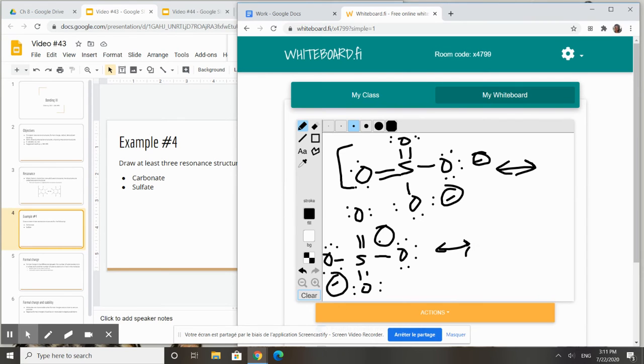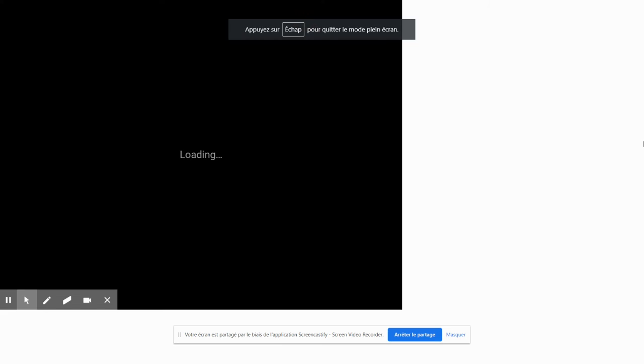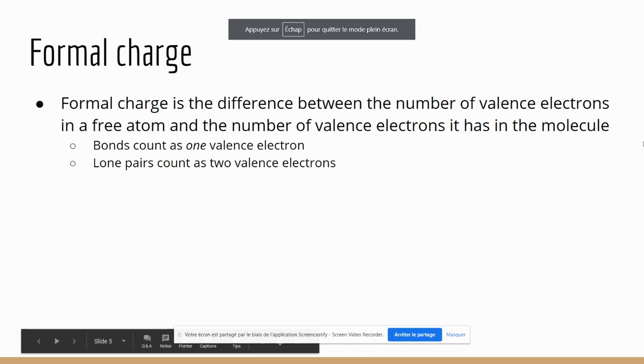There's not a particular order that you need to do these in either. And the more resonance structures you have, generally speaking, the more stable something is.